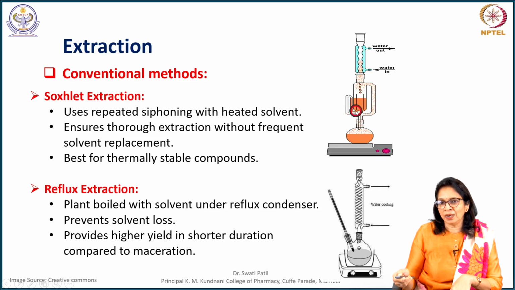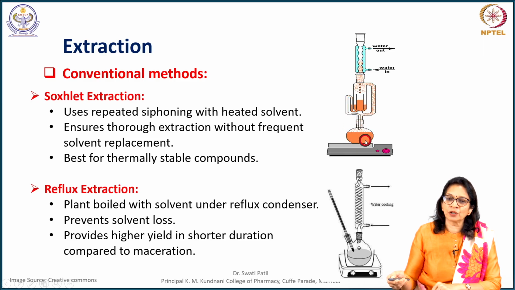When the level reaches the siphon tube, it is siphoned into the flask again. This process continues till we get a very dark extract here, but we should keep in mind that only herbs which are not affected by heat can be extracted by the Soxhlet apparatus. This is a continuous hot method of extraction.